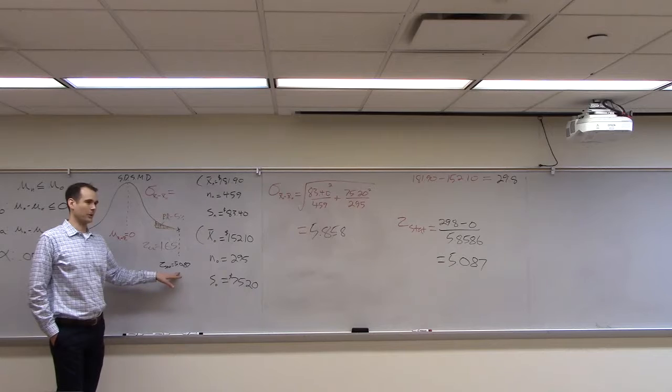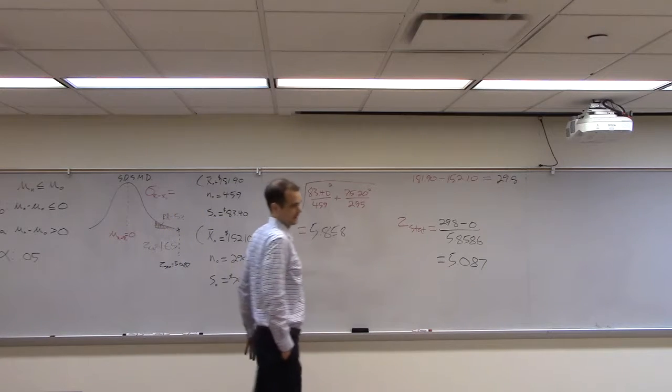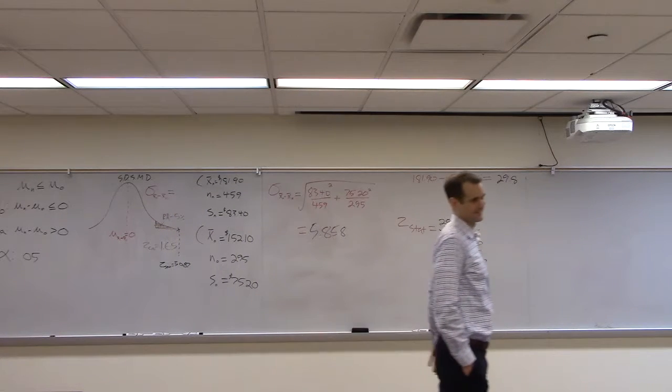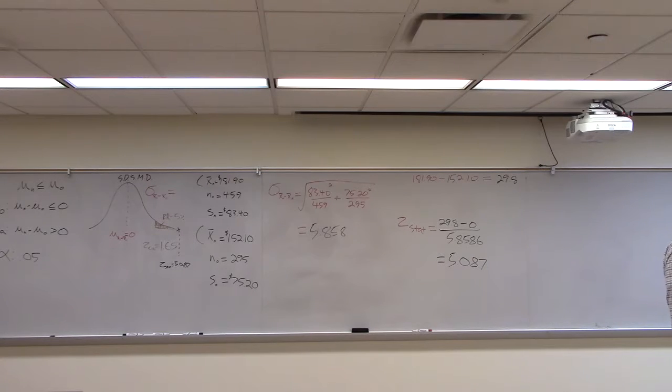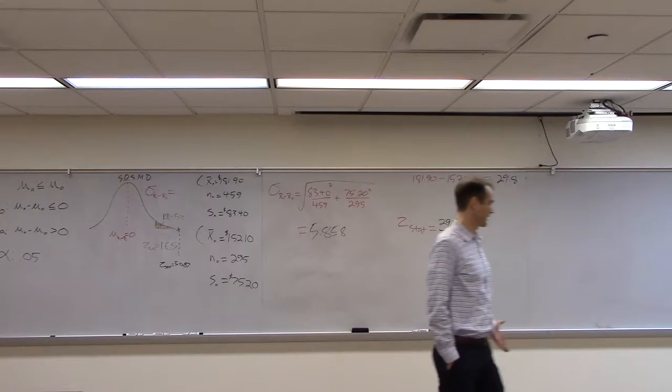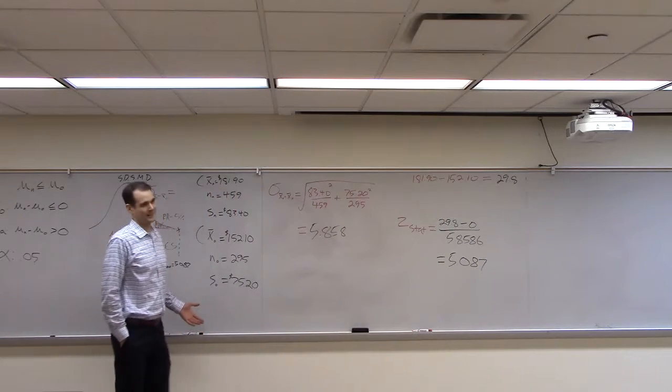What's the p-value for a z-stat of 5.087? 0.00001 something. Anyone have it? It is off the charts. Yeah.